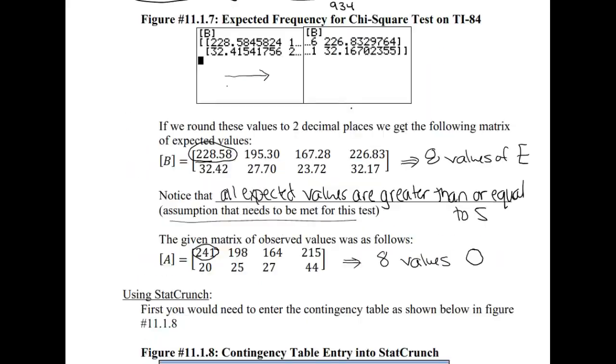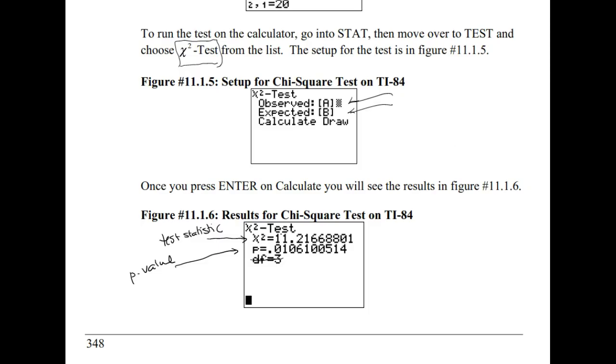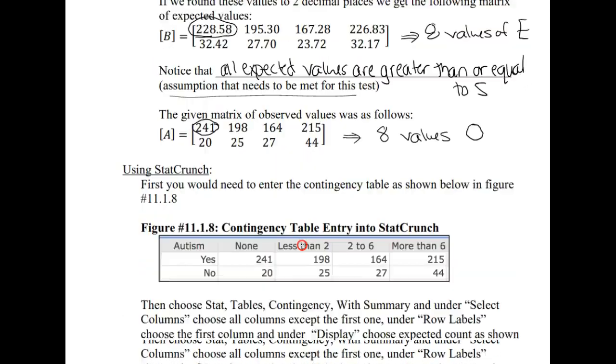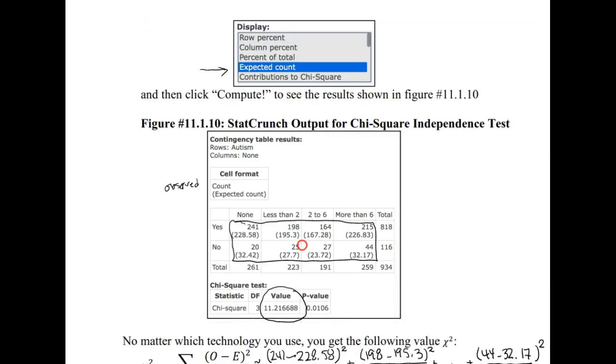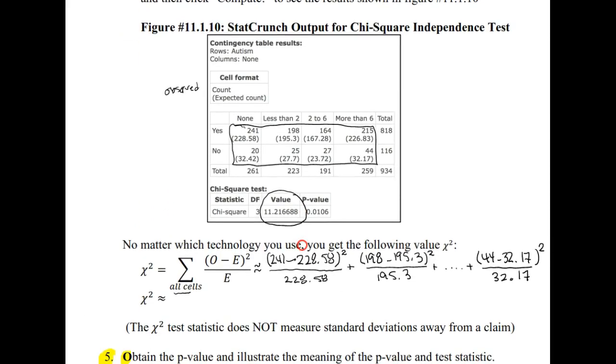And if we scroll back to where we saw this on the calculator, we also saw a value of about 11.22. So again, it doesn't matter which technology you use, it's all running the same computations in the background to compute those values. So chi-square here, if we round off to 2 decimal places, is about 11.22.